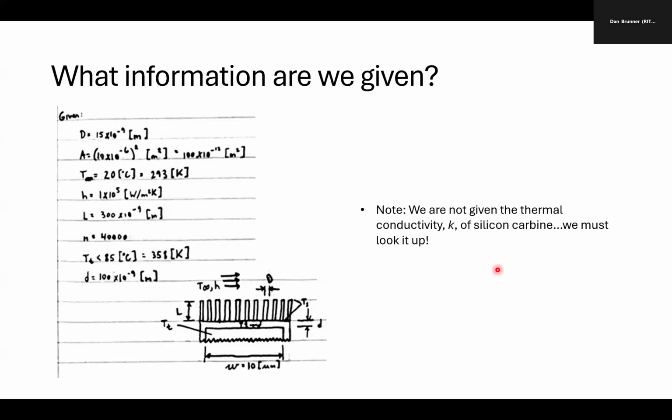The maximum allowable rate of heat generation must be such that the temperature of the computer chip remains less than 85 degrees Celsius, or 358 Kelvin. And last but not least, we're given that the thickness of the silicon carbide layer that encapsulates the computer chip is 100 nanometers.